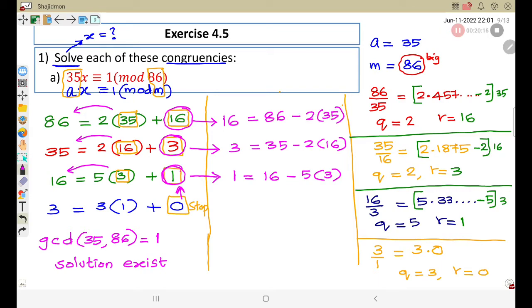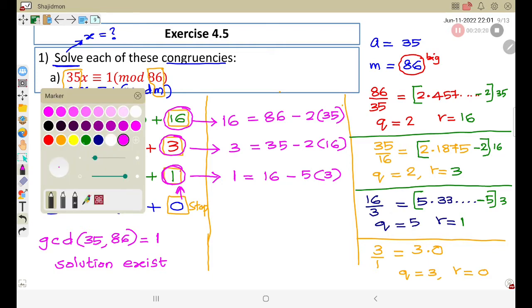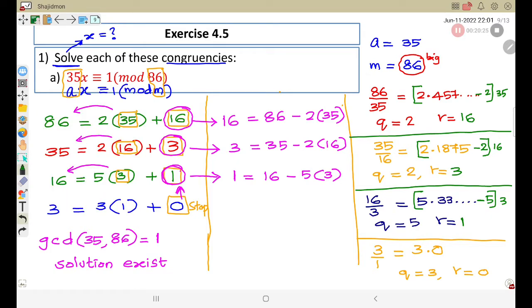I hope you understood these three equations. We are writing in reverse order. Okay, the 0 remainder equation, no need to consider. All the other three equations write in reverse order. Now start from here, 1 equal this step. So I am going to next page, start from there. 1 equals, what was that equation? 1 equals 16 minus 5 multiply 3, correct?